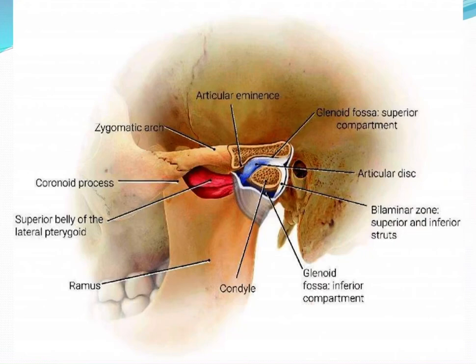Also, the disc's upper surface is convex, especially at its crest, to concave at the articular eminence. The inferior surface of the disc is adapted to the bony surface of the condyle. It's less concave in the posterior part comparing with its superior part, to convex at its anterior part.